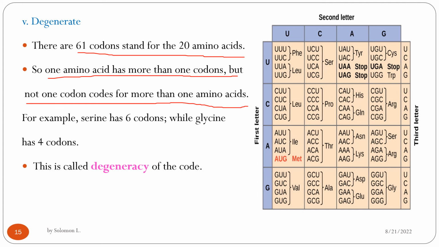Here in this figure you can see these 4 codons here and the other 2 codons here. Glycine is coded by 4 codons. This nature of genetic codes is degeneracy.